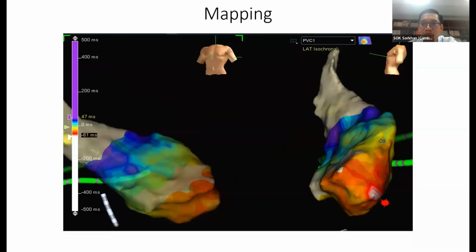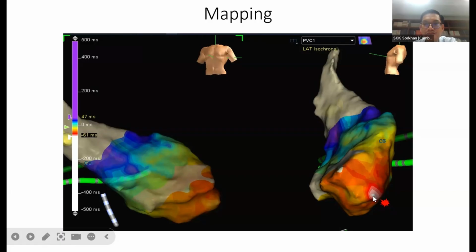We can see the white spot is the best, with the earliest signal here, more apical than basal at the papillary muscle. So we tried to map around here and burn at the white point.